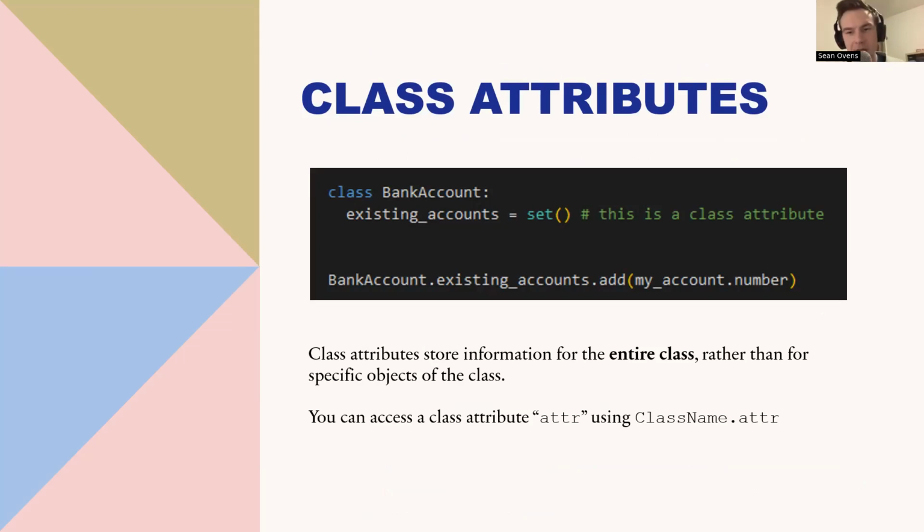We can declare class attributes outside of all the class methods. You can see in this class bank account, I'm declaring existing accounts, which is a class attribute, and this declaration isn't inside of any method. So I can just declare it outside everything.